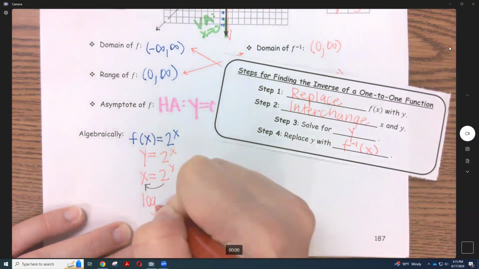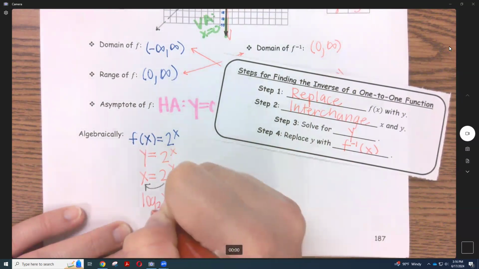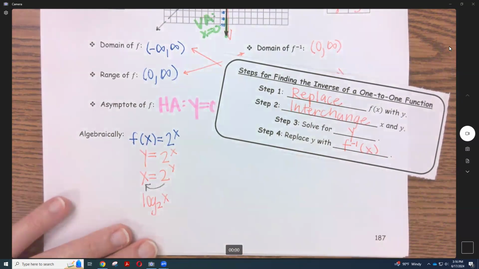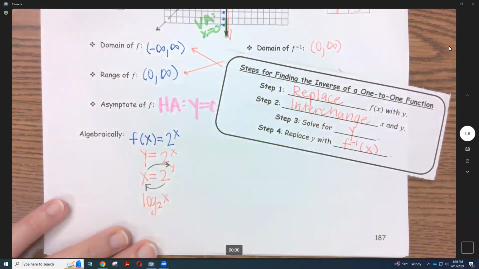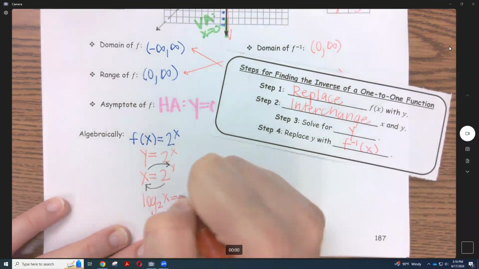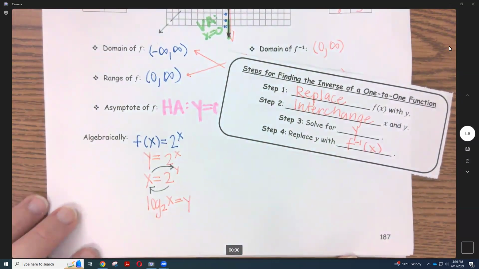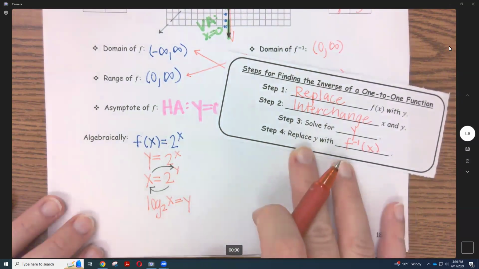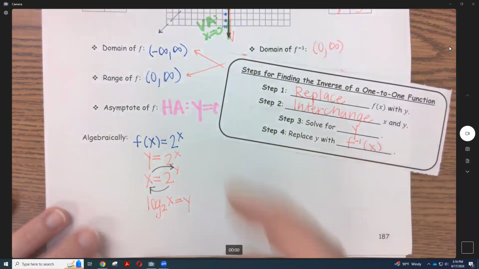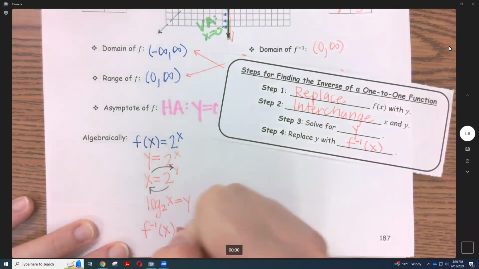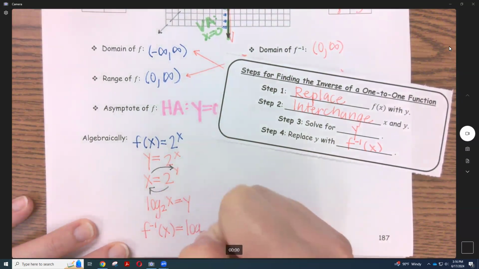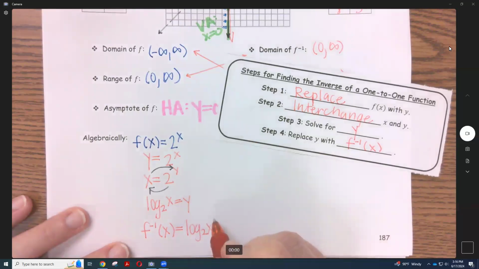So this is log base 2 of x, and that equals what's left, my exponent of y. So now lastly, replace y with your inverse notation. My inverse is log base 2 of x.